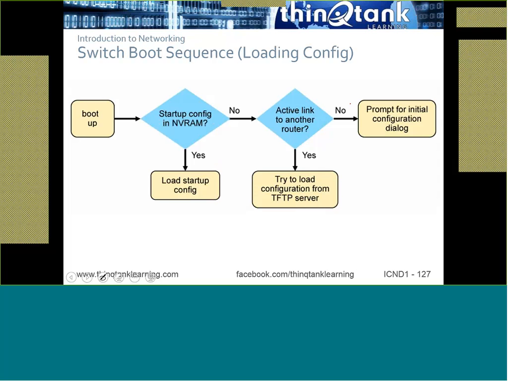So let's just recap. When you power on a Cisco switch, the first thing it does is tries to load the operating system. Where is that operating system stored? In flash. Yes. Where is the operating system loaded to? To the RAM. Once the operating system is loaded, then the router or switch tries to load what?